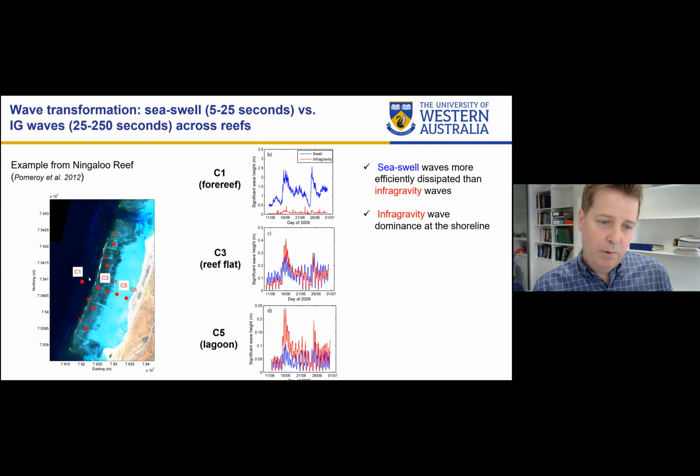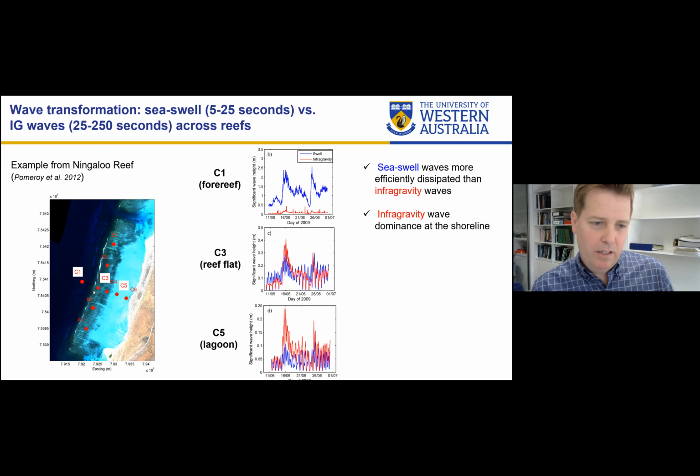Clearly, the incident waves are mostly all in that sea swell band. There's some low frequency infragravity wave motion, those are waves between 25 and 250 seconds. That's, as I'll talk about, due to bound wave energy that's associated with wave groups.